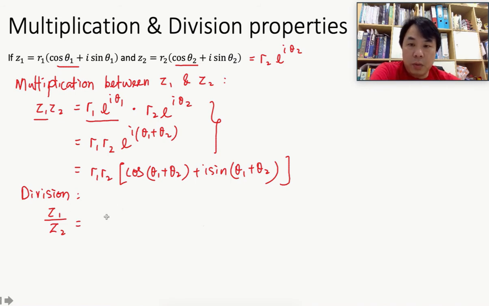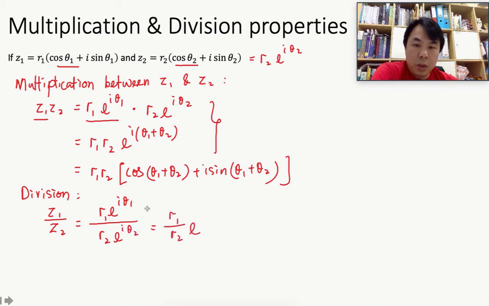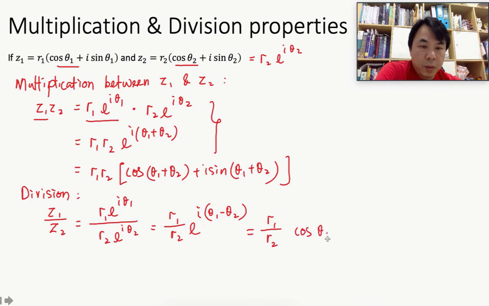Now Z1, as I mentioned before, is best to represent in its Euler form. Same goes for Z2. And in this case, we can write down R1 divided by R2 using the index rule. We can write that as such. And then therefore, you can convert back to its modulus argument form, which can be stated as such.